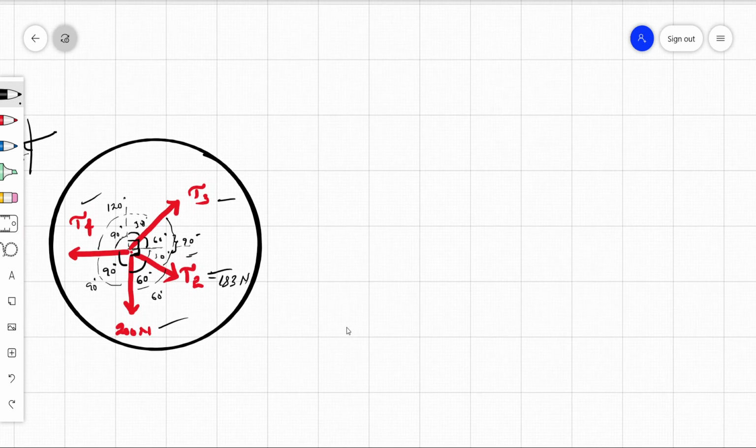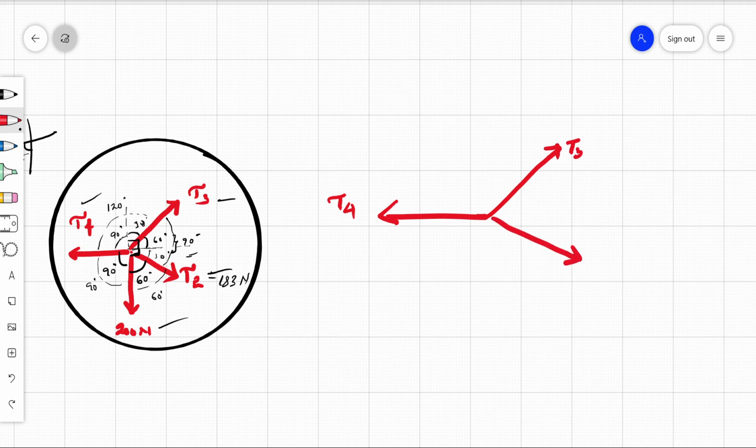So if I draw this once again, I don't know the value of T4, it is as it is. I don't know the value of T3, it will be as it is. I know the value of T2, that is 183 Newton, as well as the downward force, that is 200 Newton.